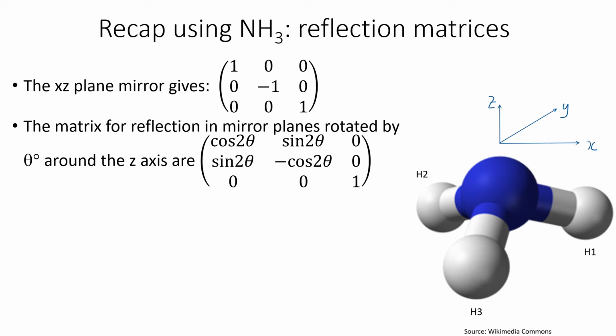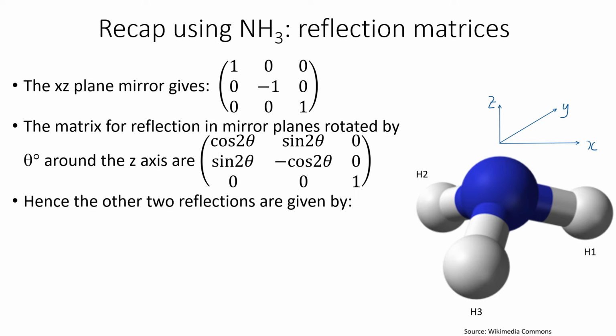And likewise, when the mirror is tilted, when the y reflects in the mirror, yes, it's going to give you some minus y, but there's also going to be a bit of positive x in the reflected point as well. So that, if you like, rationalizes the signs that you see in that matrix.